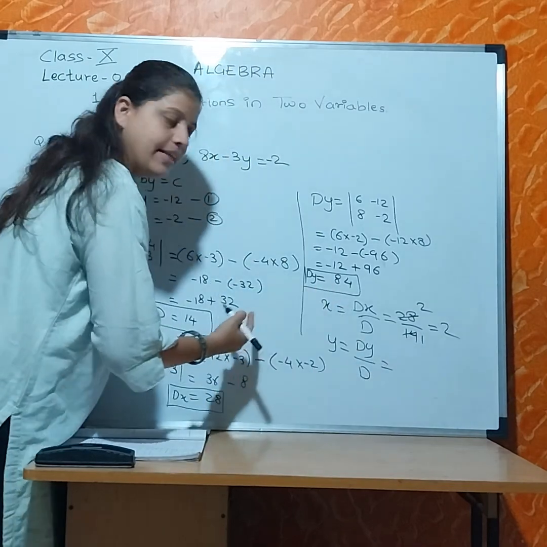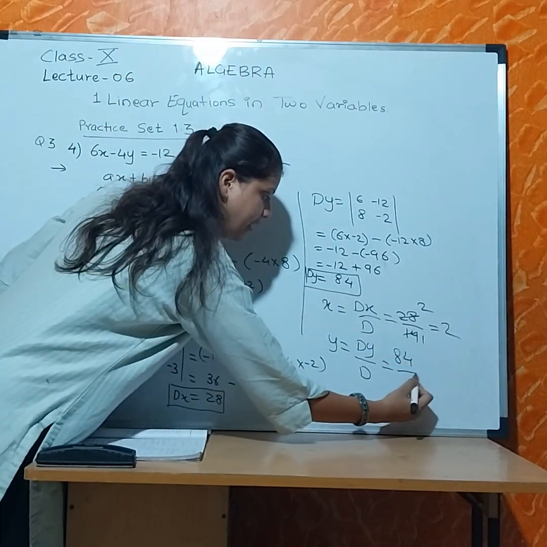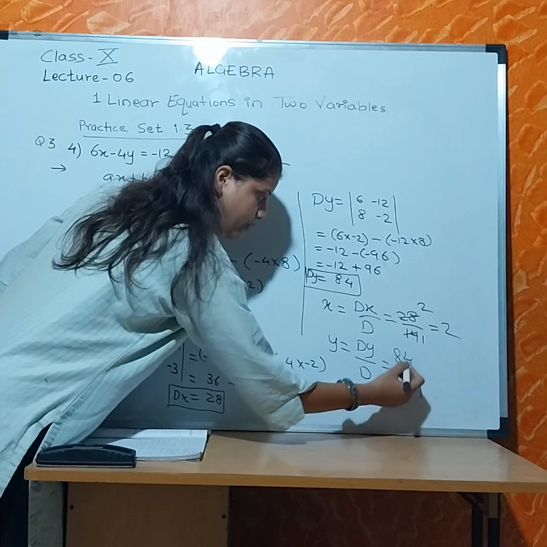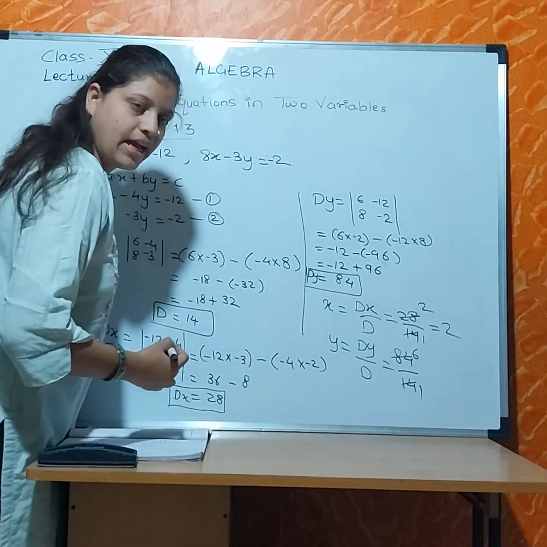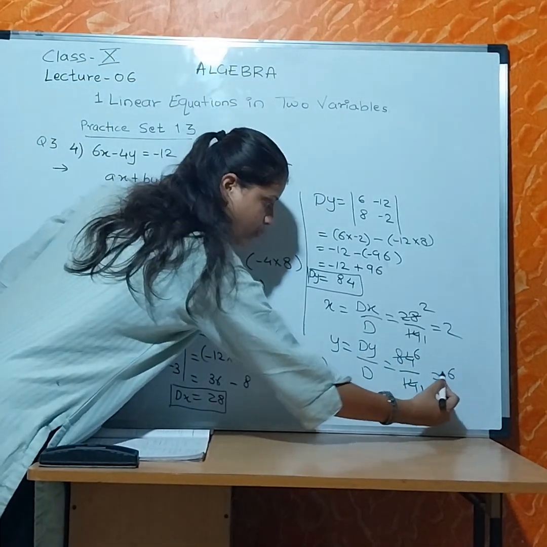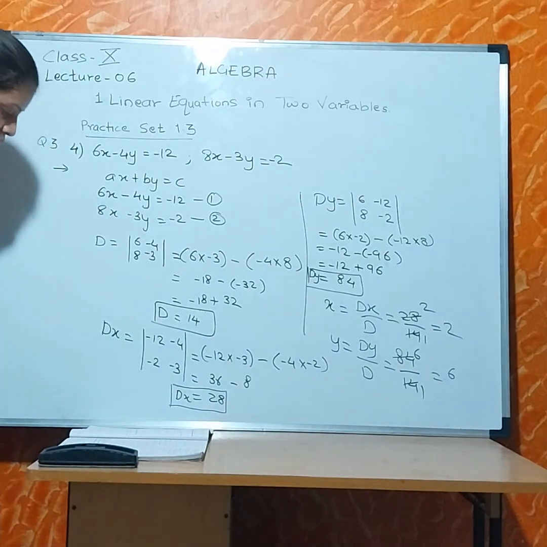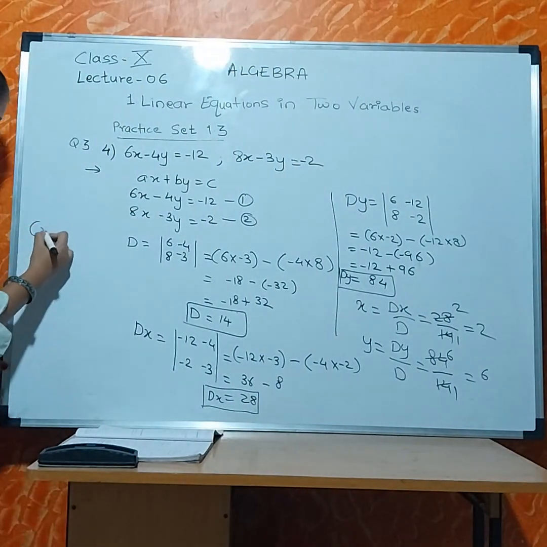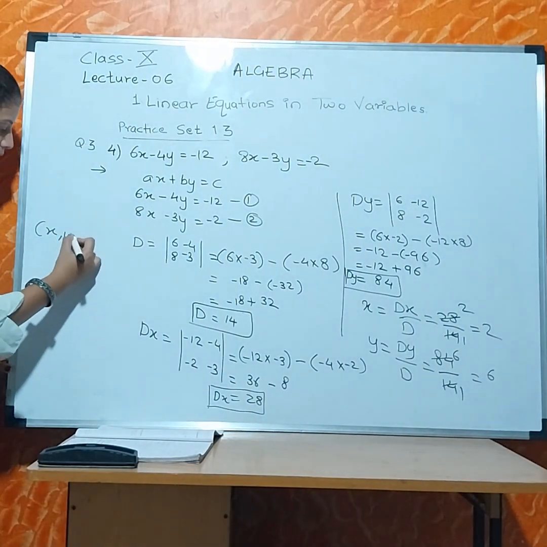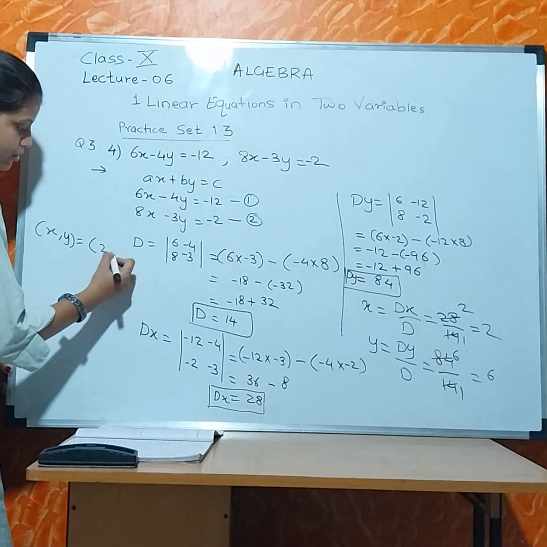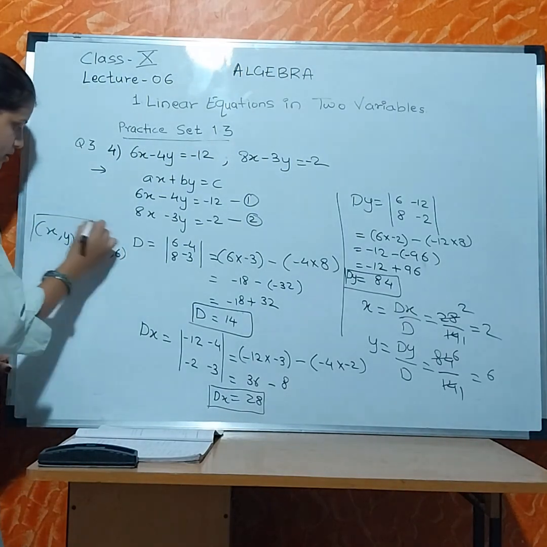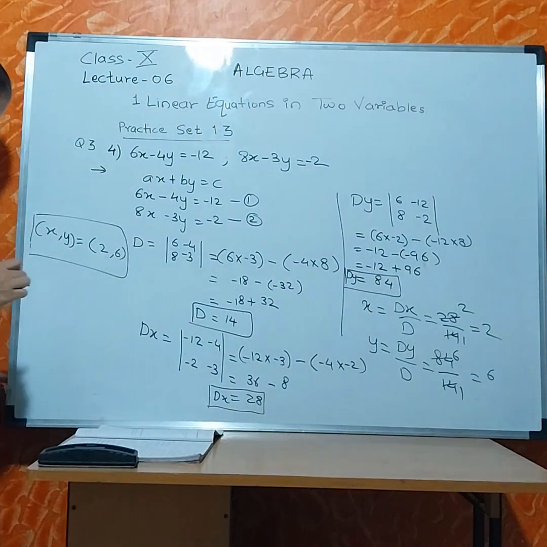So dy is 84 and d is 14. 14 ones are 14 and 14 6s are 84, right? So what is y? 6. So our solution of this equation is x comma y is equal to 2 comma 6. This is our answer. Understood?